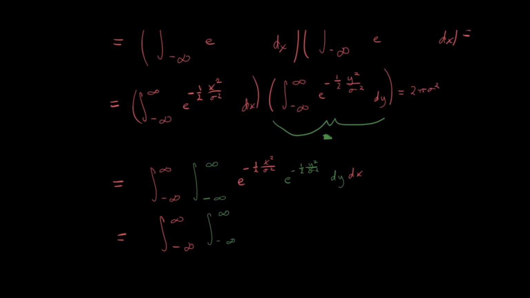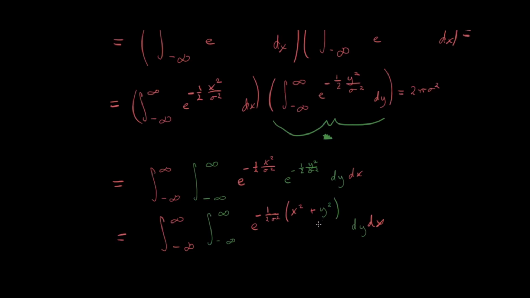So what we can say is this is e to the minus 1/2, and then I'm going to factor some stuff out here, sigma squared, and now this is going to be x squared plus y squared, dy dx.